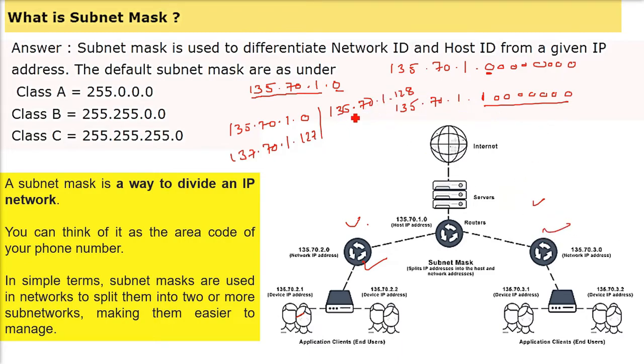Similarly, the stores department will start from 135.70.1.128 and go till 135.70.1.255. The first and last addresses you cannot use. The first identifies your subnet and the last is for broadcast. So however many numbers there are, just subtract 2. That is the number of usable IPs you can have.